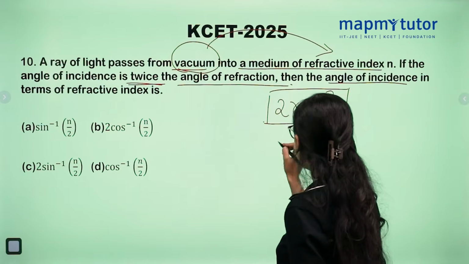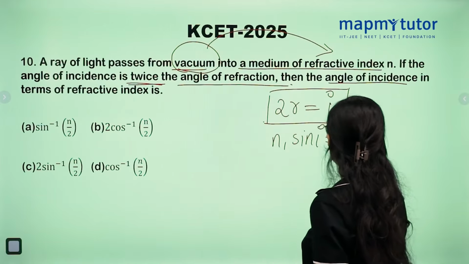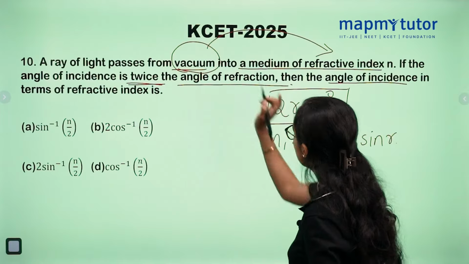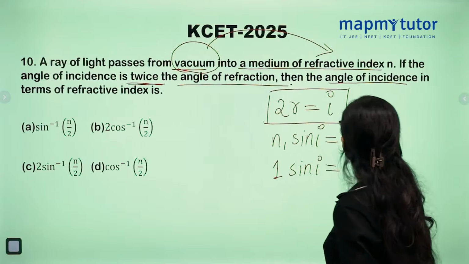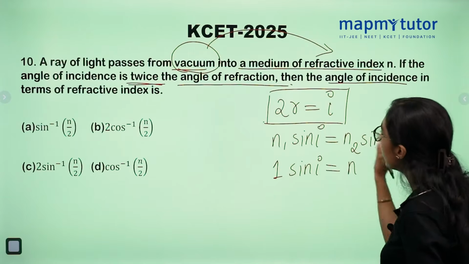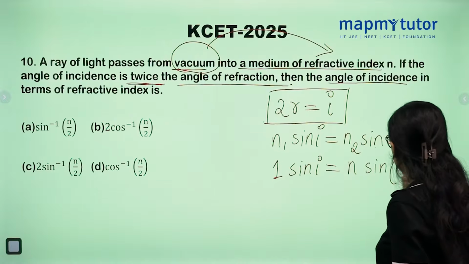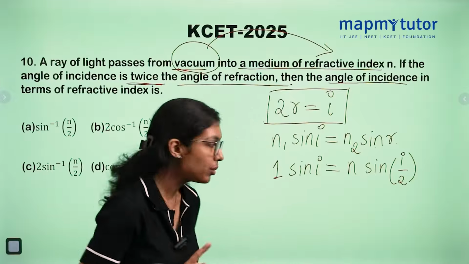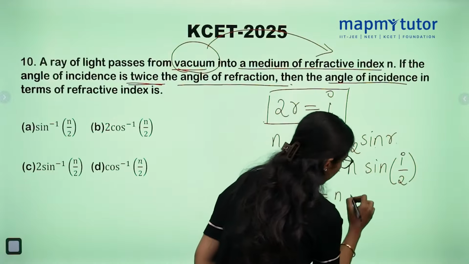So let us find out by putting Snell's law. n1 sin i equals n2 sin r. n1 is vacuum, so 1 sin i. n2 is n sin r. I am taking the r value from here, that is sin i by 2. Now I will use my simple trigonometric ratio identities, which you will be familiar with by now.